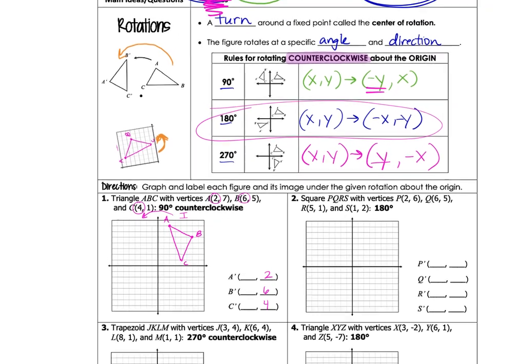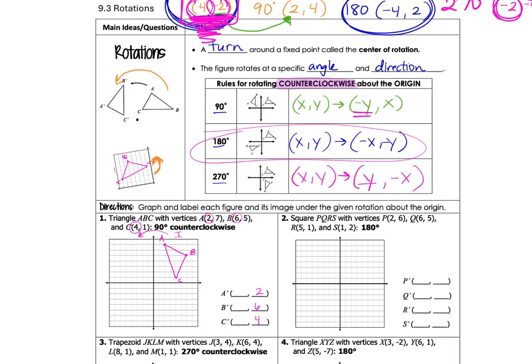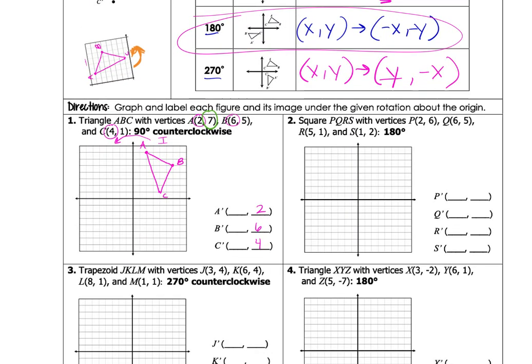Then it says your new x is the opposite of your old y. So your old y was 7. So what's going to go here? -7. What's going to go in B? -5. And what's going to go in C? -1.